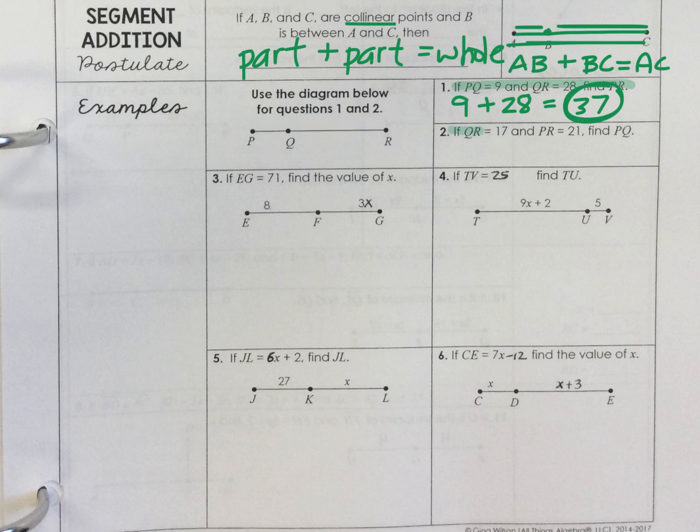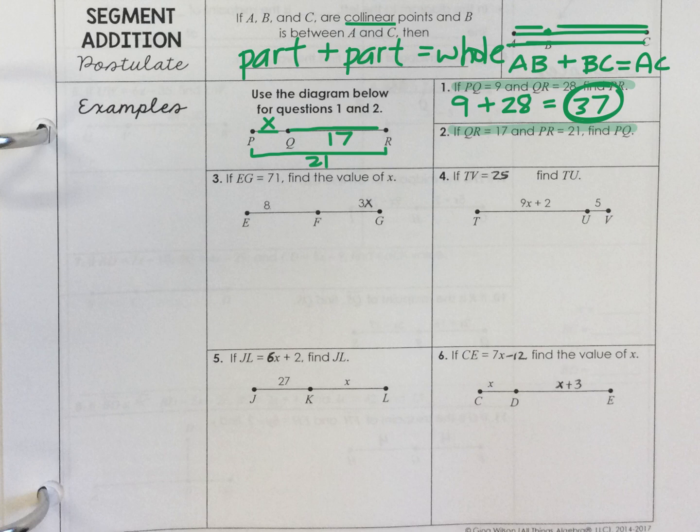Let's look at the next one. If QR is 17 and PR is 21, find PQ. So let's label this. QR is this section right here. It's 17. PR, okay, that is the whole thing, is 21. And it wants me to find that part right there.